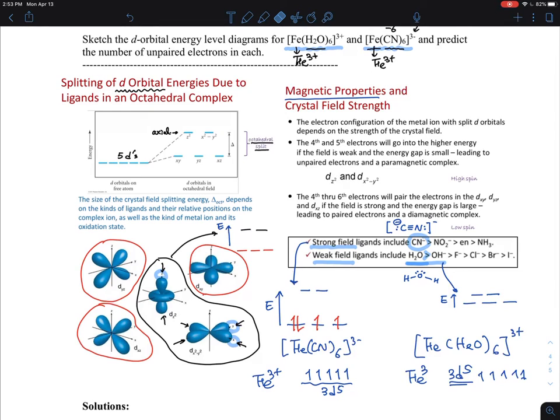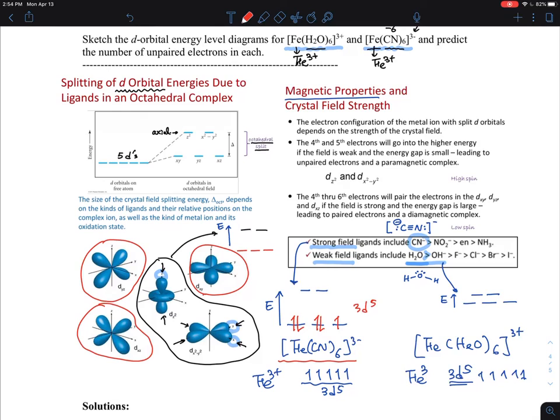So Fe(CN)6 places the 3d5 electrons this way, resulting in only 1 unpaired electron.